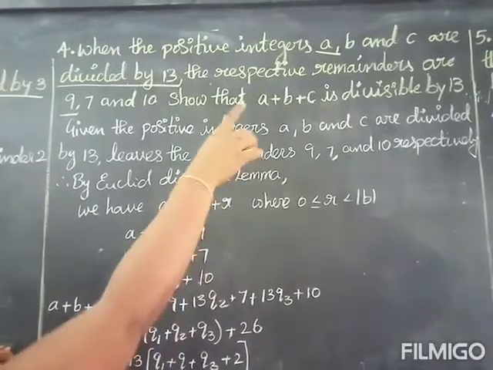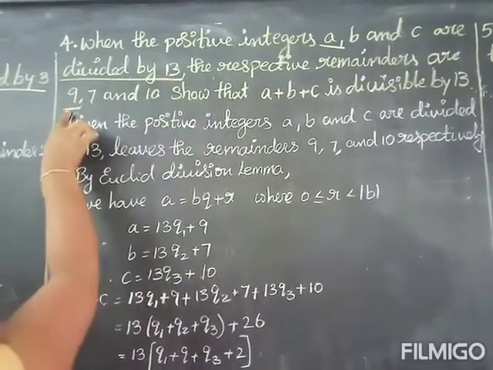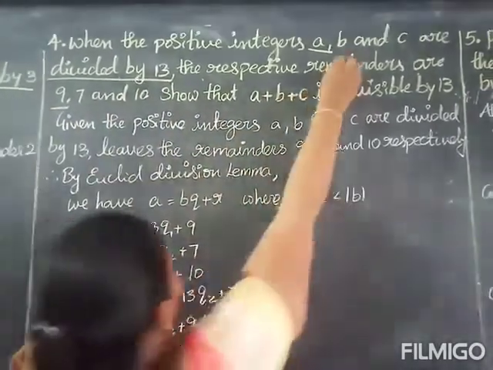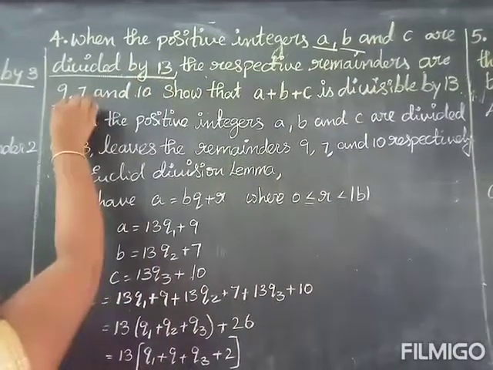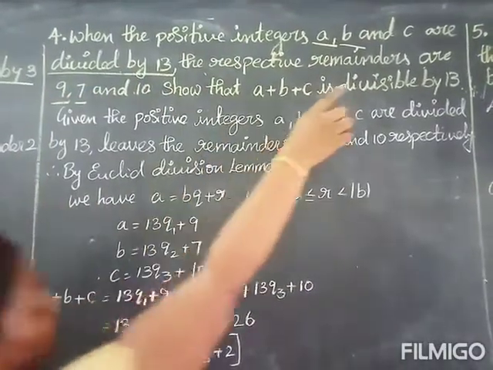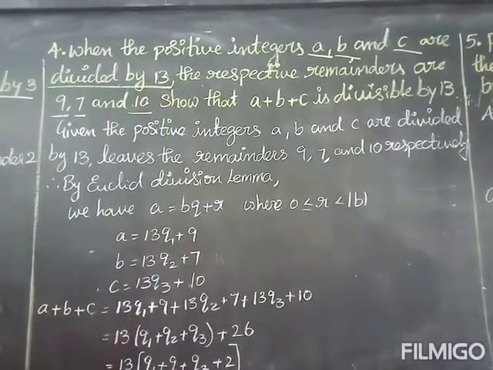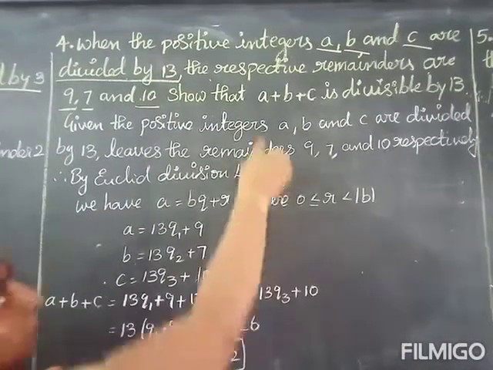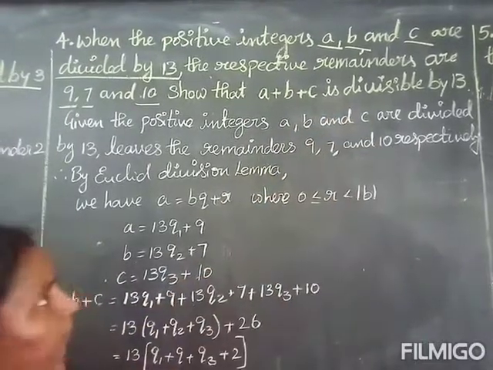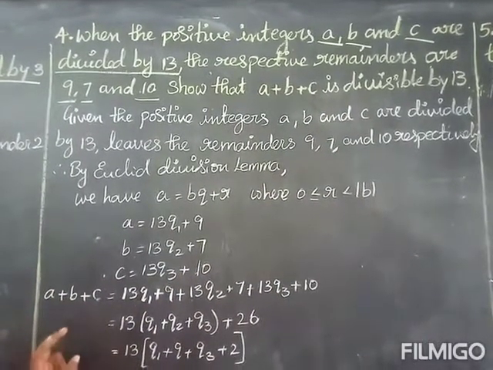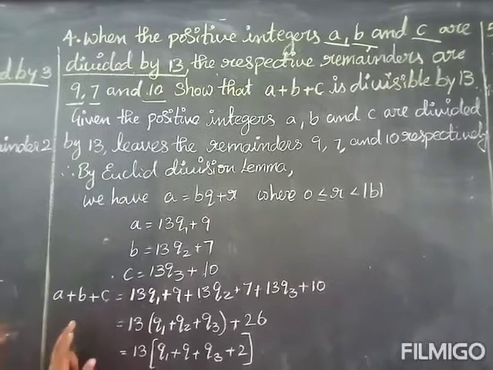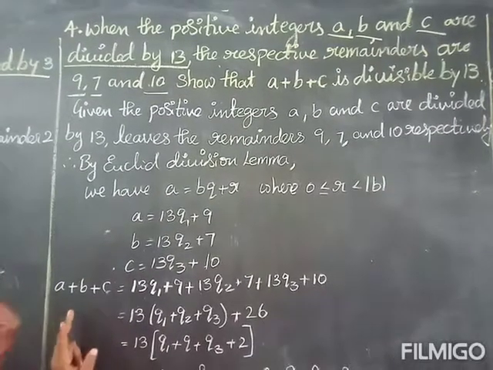Is it clear? If b is divided by 13, it leaves the remainder 7. If c is divided by 13, it leaves the remainder 10. We are going to show that a plus b plus c is divisible by 13, which means the remainder should be 0.